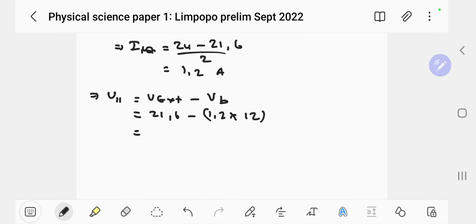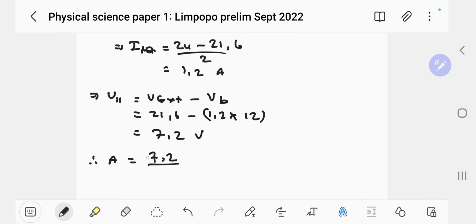So this is 7.2 volts. So guys, once we know V parallel, we can say therefore the ammeter there is going to be equal to V parallel over the 10 ohm resistor. Let's not cause ourselves unnecessary formulae. So it's going to be 7.2.